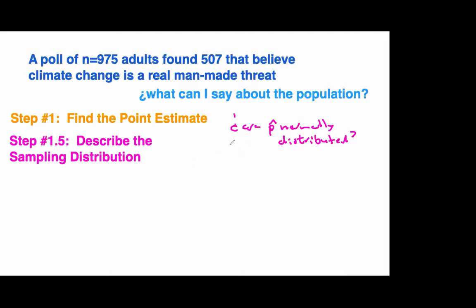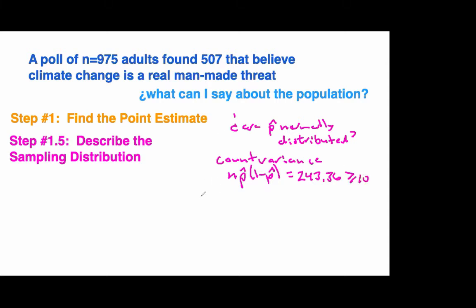So what I can do here is calculate the count variance. I know that if the count variance is 10 or larger, remember that's n times p times 1 minus p. Now I don't know p, so I have to use p hat in this case. So n times p hat times 1 minus p hat. If I punch this in, I get the value of 243 and change, which is greater than or equal to 10.